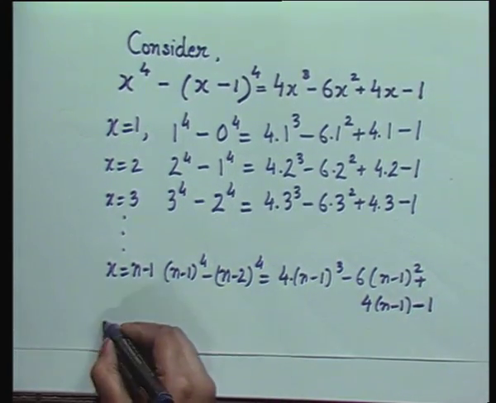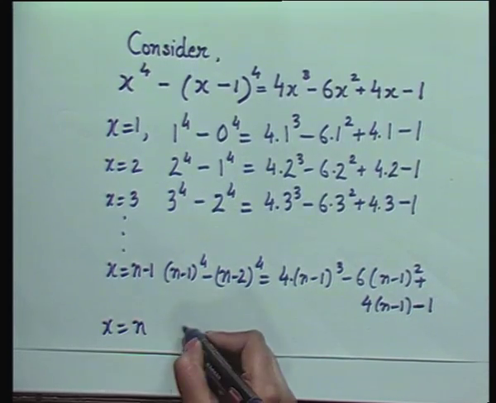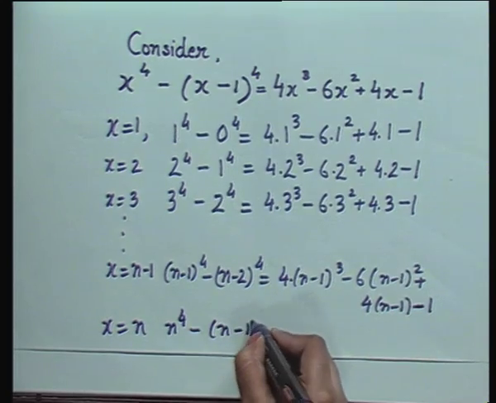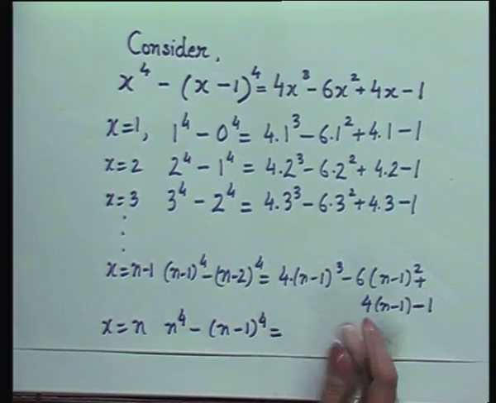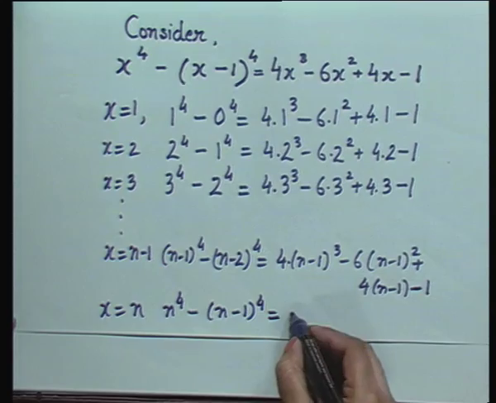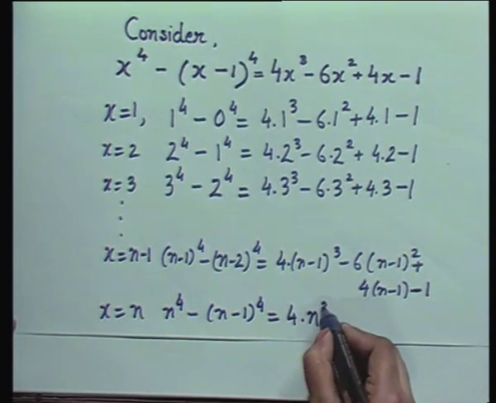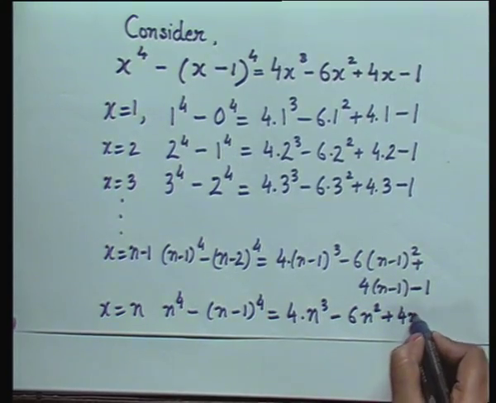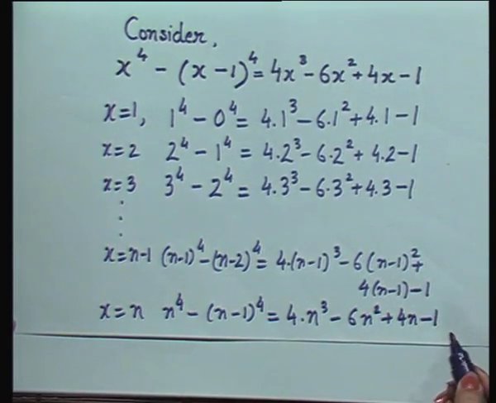Last, that is x is equal to n will give you n to the power 4 minus (n minus 1) to the power 4 is equal to 4 into n cube minus 6n square plus 4n minus 1. The purpose is again the same.